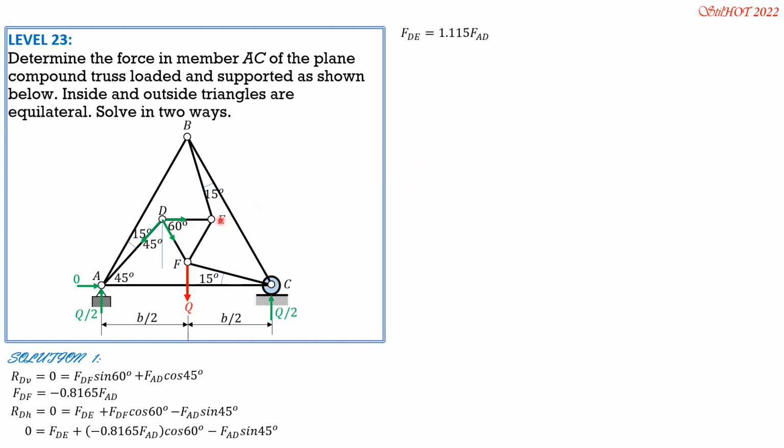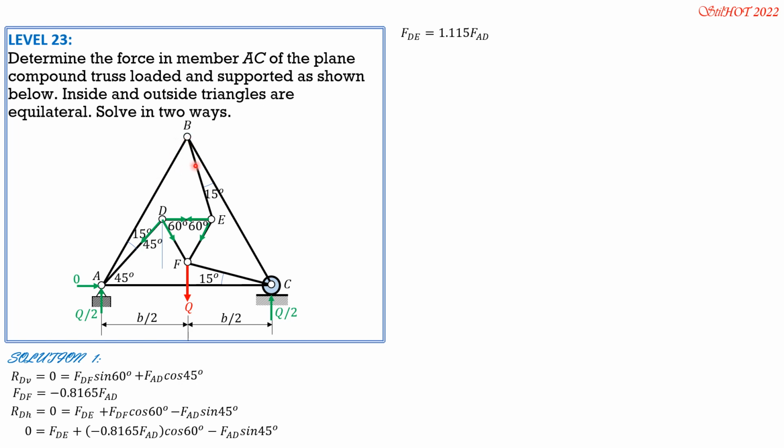Then we proceed to joint E. So this is also FDE. We have FEF and FBE. This angle is 60 degrees. Take note that this angle is 45 degrees. The angle that BE makes with the vertical is also 15 degrees, because the angle that AB makes with the vertical is 30.